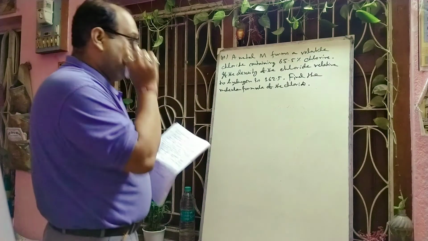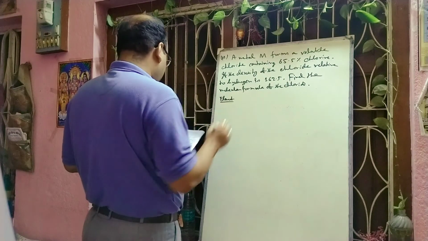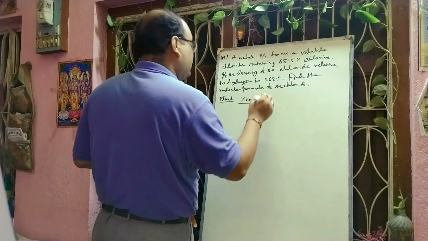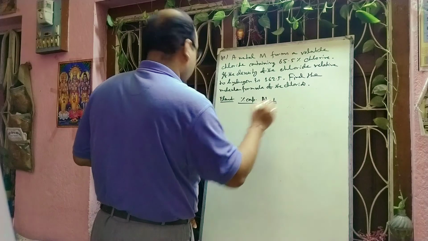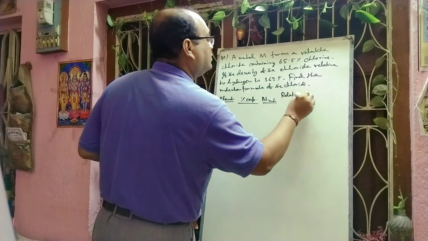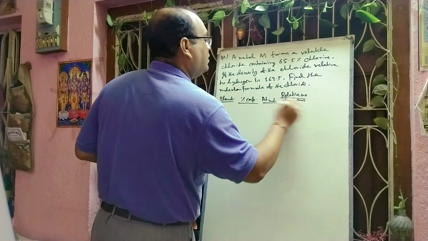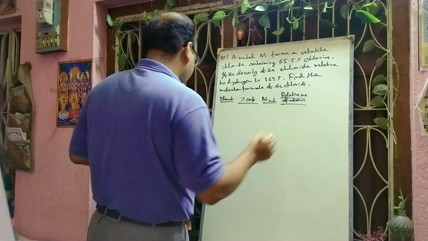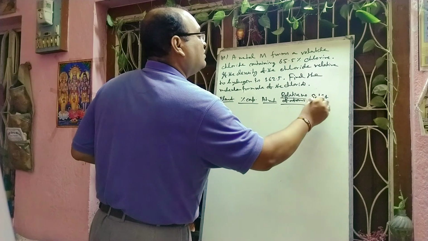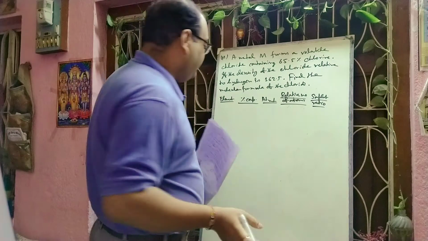Okay, so first you have to write the element, make one table, then percentage composition, then write the atomic weight, then calculate the relative number of atoms, and next the simplest ratio. Then we will get the empirical formula.